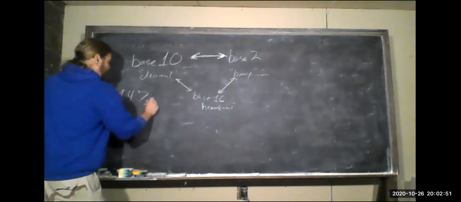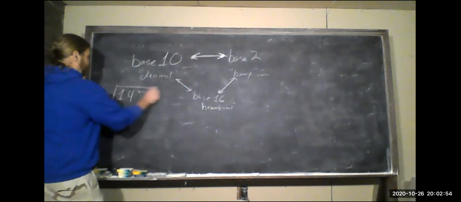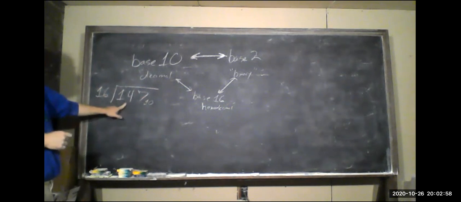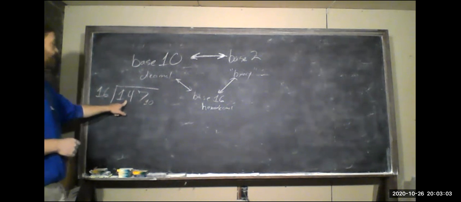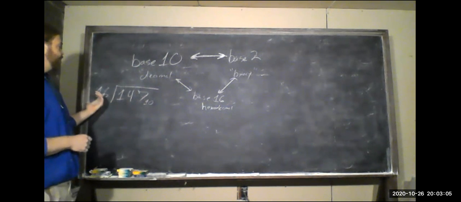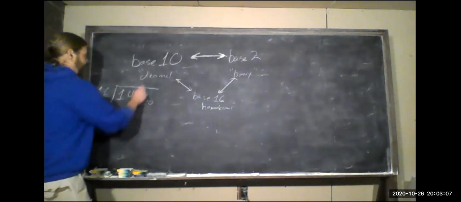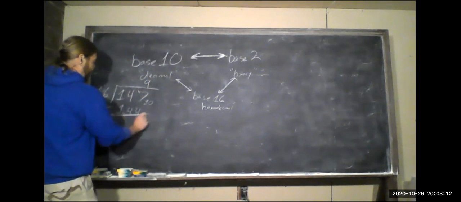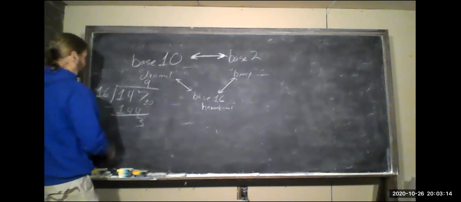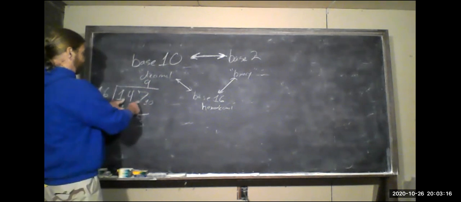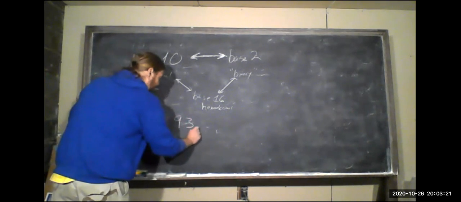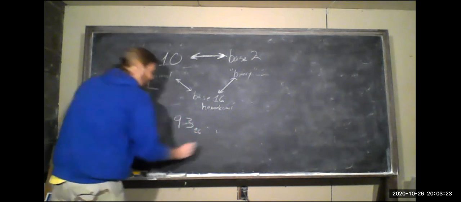If we want to go to base 16, we would divide by 16. So 16 will go into that, what is it? 10 times would be 160, so it's got to be 9 times, minus 144, with a remainder of 3. So 147 in base 16 would be 9, 3 in base 16.